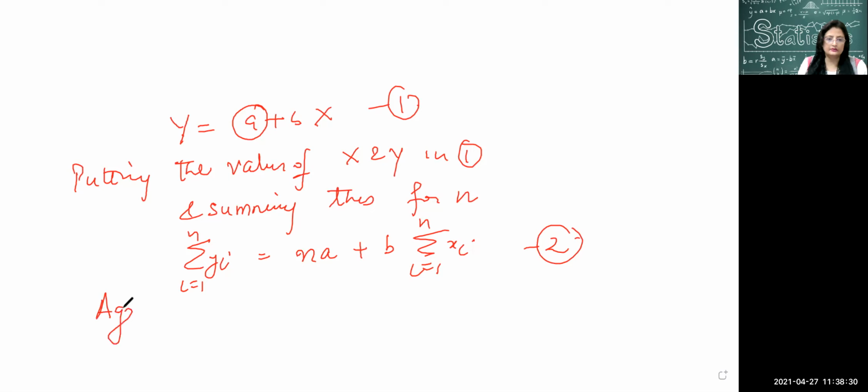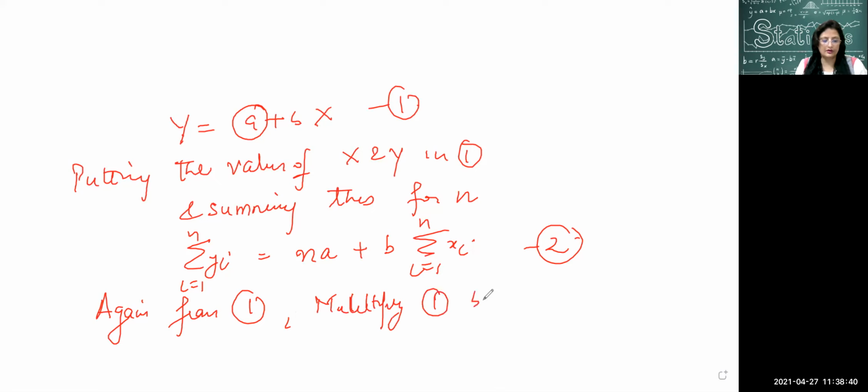Now again, multiply equation number 1 by capital X. So we will put, this is capital XY is equal to AX plus BX square.